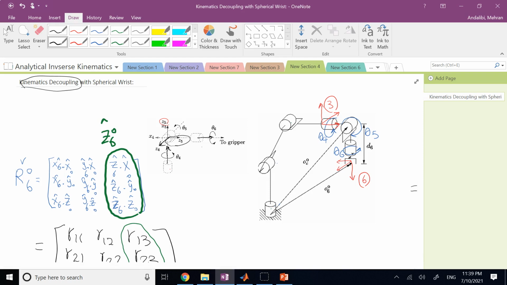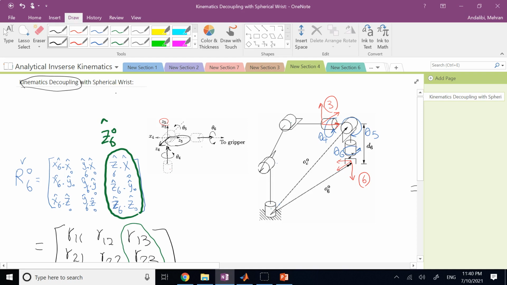Especially when the robot is redundant, you have more variables, and solution analytically many times is impossible. So another important lesson is try not to make your robots redundant unless you have a good reason for it. Okay, because in general, any task you do for a redundant robot is way harder than for a robot that has 6 degrees of freedom or less.